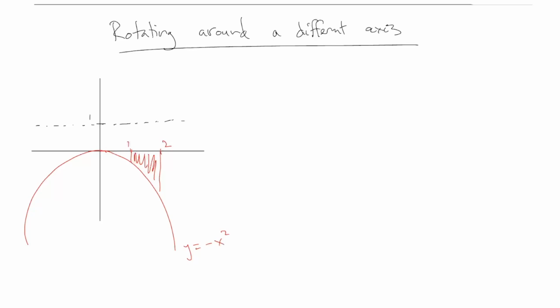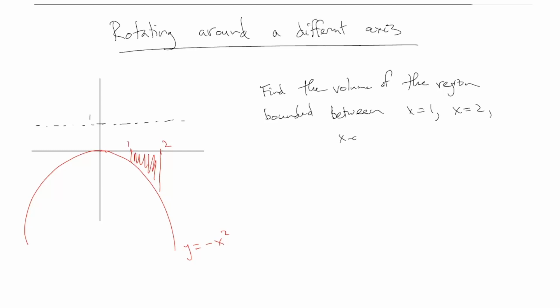If you saw this problem on a homework assignment, this would often be described in words, although sometimes they'll show you the picture. It would be something like: find the volume of the region bounded between x equals 1, x equals 2, the x-axis, and this function, y equals minus x squared.